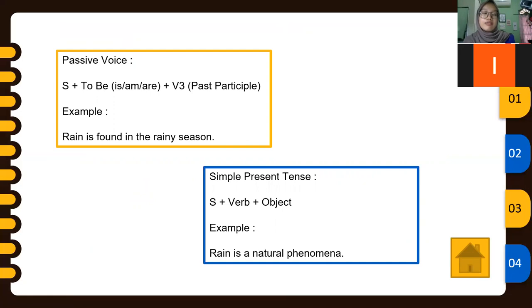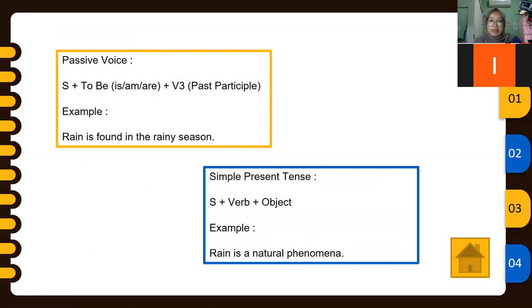This is the formula of passive voice and simple present tense. The formula is different. The formula of passive voice is subject plus to be (is, am, are) plus verb 3 or past participle.